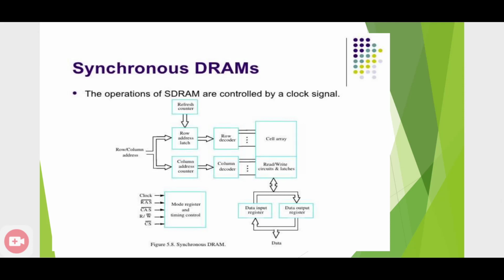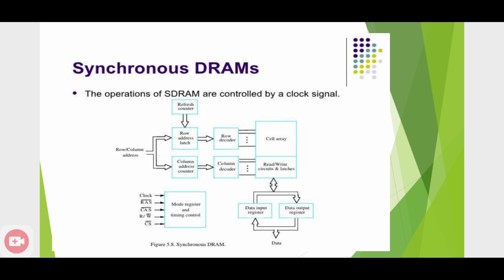Good morning, dear students. Today we can discuss the next DRAM, the next dynamic RAM, that is synchronous dynamic RAM. Already in the previous video we had discussed asynchronous DRAM.